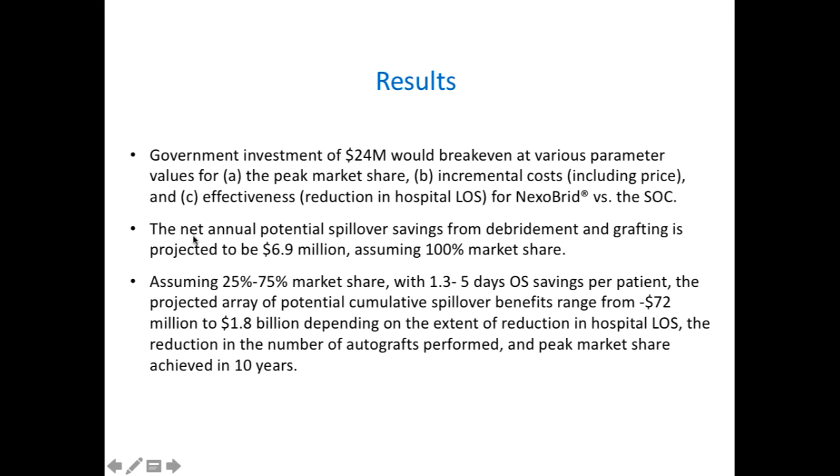So the net annual potential spillover saving from the debridement and grafting is projected to be 6.9 million if we assume 100% market share. But assuming market share in different ranges with different lengths of hospital stay saving, the outcomes would be different.